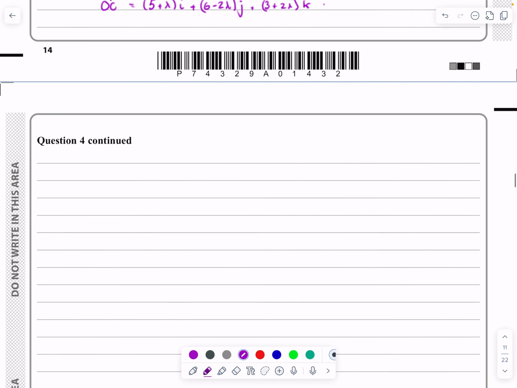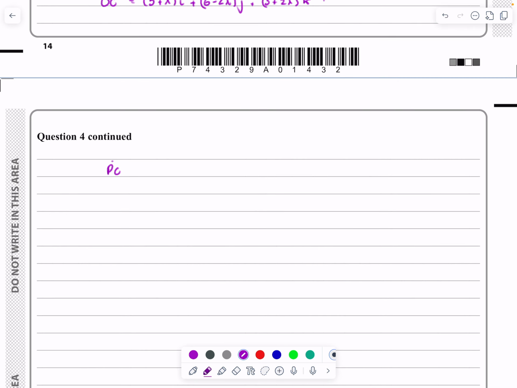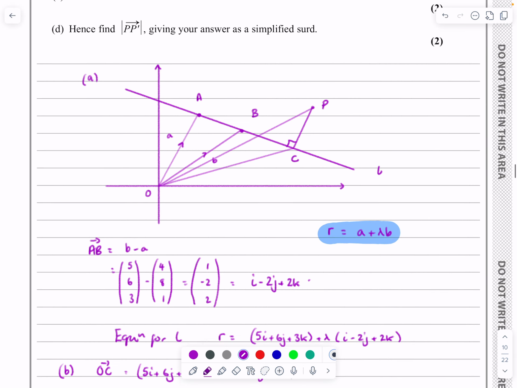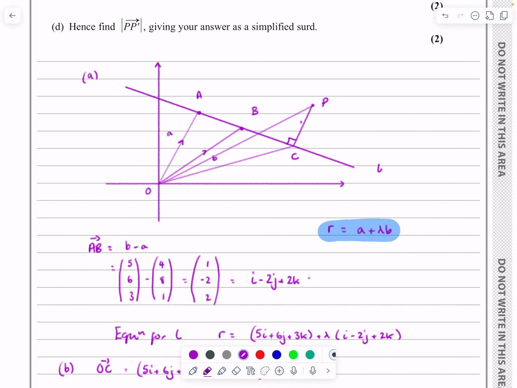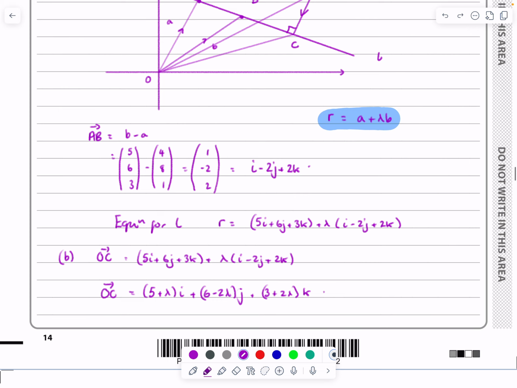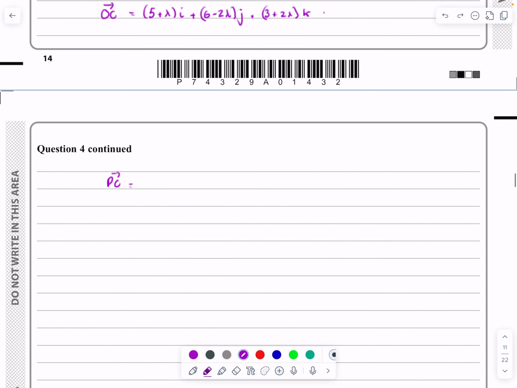In which case, the vector PC will be minus P plus C, or C minus P. That's what I'm going to do. So PC is the vector C minus P here. That's going to be the vector that we just had.